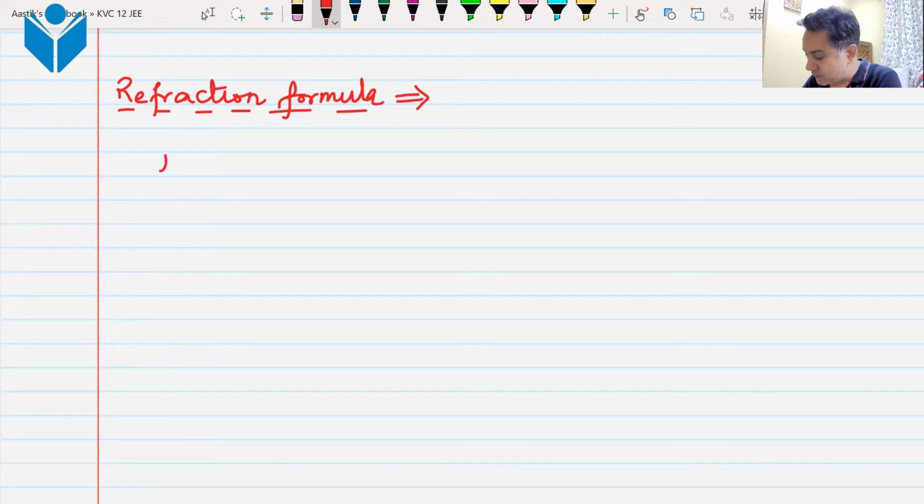The refraction formula looks like this. Mu2 minus mu1 divided by R will be equal to... can anyone complete it?